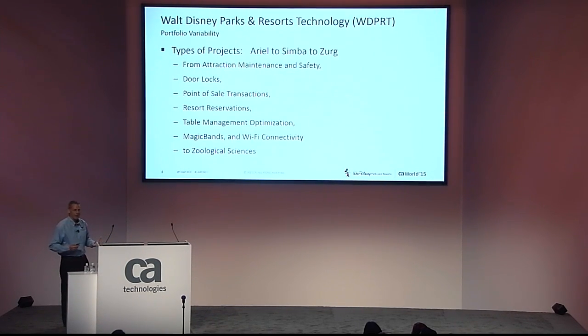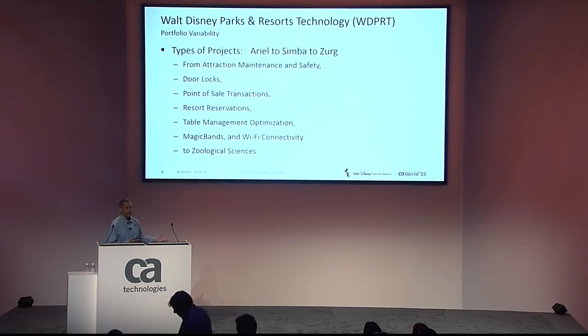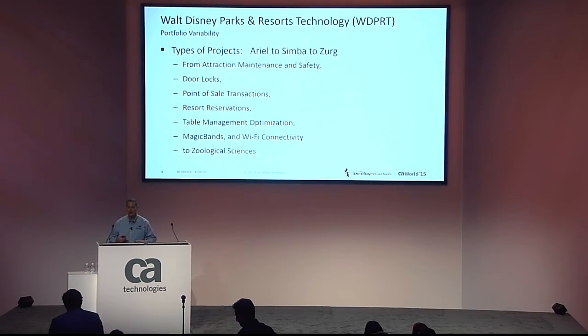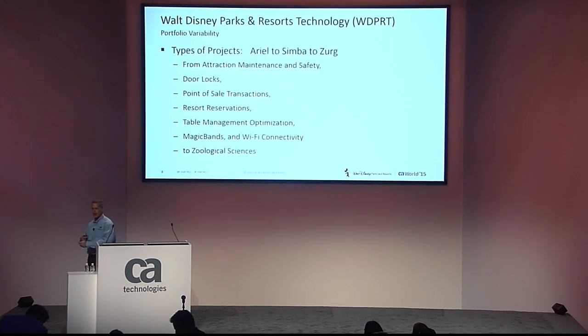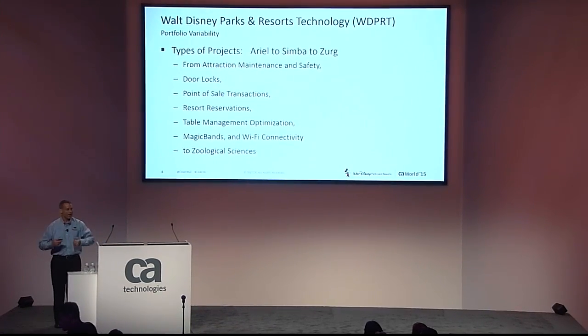Our portfolio of projects runs the gamut from attraction maintenance and safety, door lock systems, point of sale transactions, resort reservations, table management optimization for all of our restaurants, MagicBands, which seamlessly integrate ticket media, charging privileges, FastPass opportunities, and dining reservations, to the Wi-Fi connectivity that supports our digital applications and media for our guests in our park.